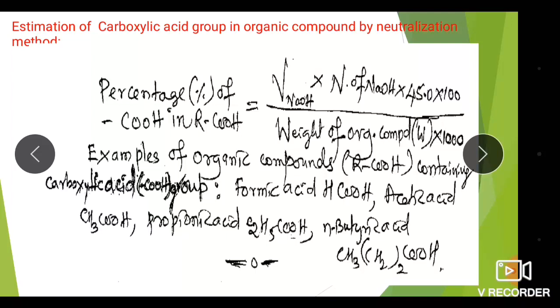Once again I am repeating how we estimate the carboxylic acid group, by means of the neutralization method. Simply, it is an acid-base neutralization titration using phenolphthalein as an indicator. So take a known weight of the organic compound and dissolve it in the given solvent, whether water or alcohol.